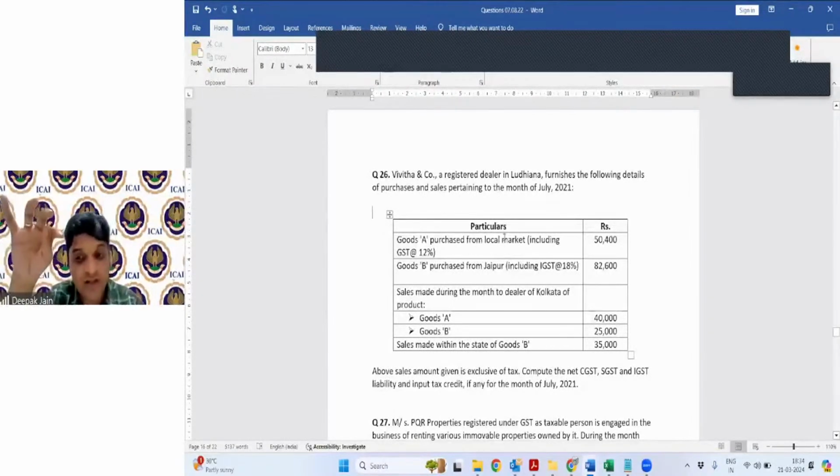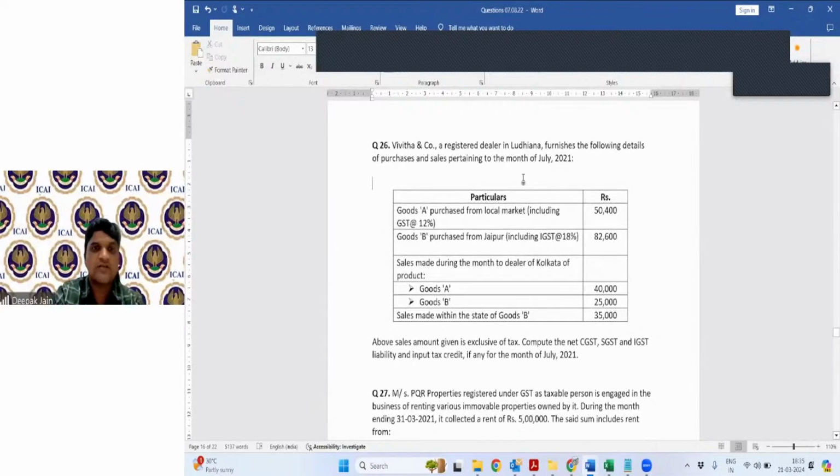If it is exempted turnover more than 40 lakhs, is GST registration required? No, not that way. If the exempted turnover is more than 40 lakhs, yes, they have to take registration. But the question is not about registration because they have already taken registration as a composition dealer. If their exempted turnover is more than 40 lakhs, in a normal situation, yes, they will have to take the GST registration.